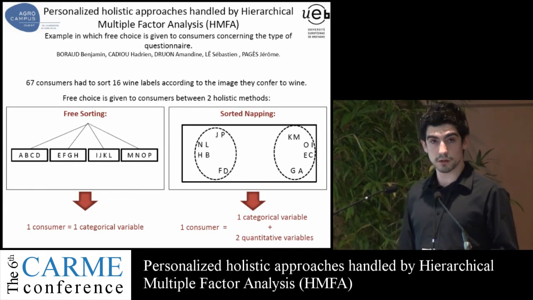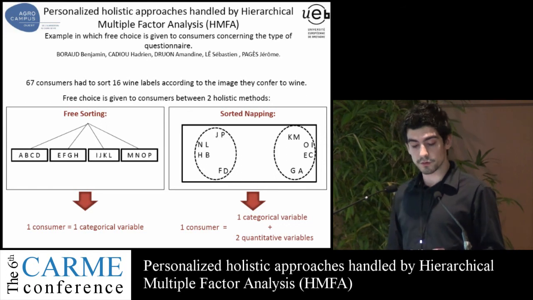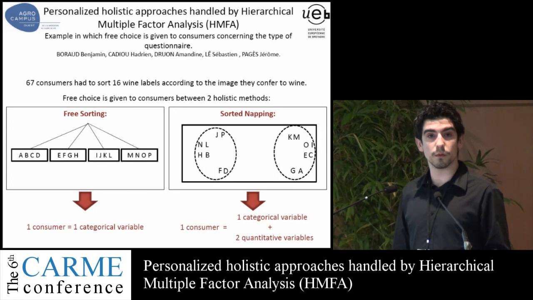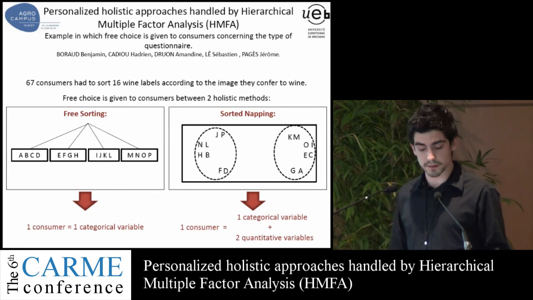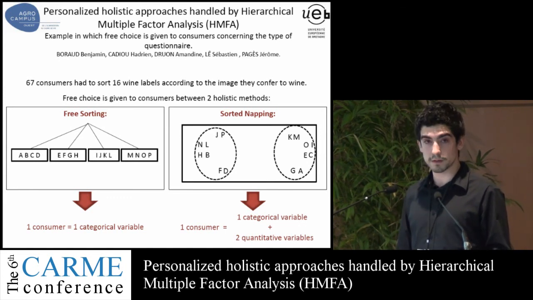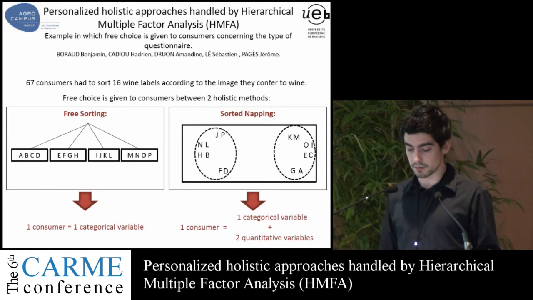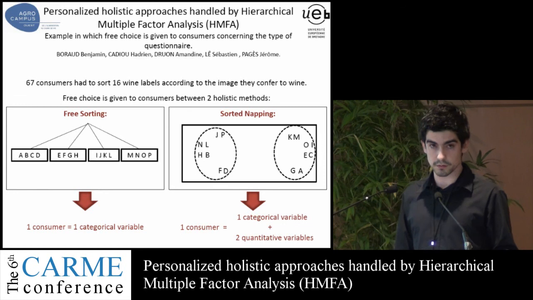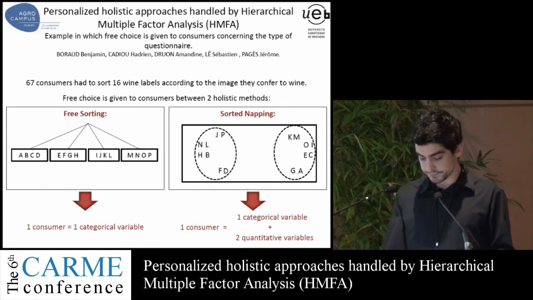So to each judge who chose the free sorting corresponds just one categorical variable, where one category is one group created by the consumer. And to each judge who chose sorted mapping correspond two quantitative variables, the coordinates of the labels on the tablecloth, and one categorical variable which corresponds to the groups created by the consumers.